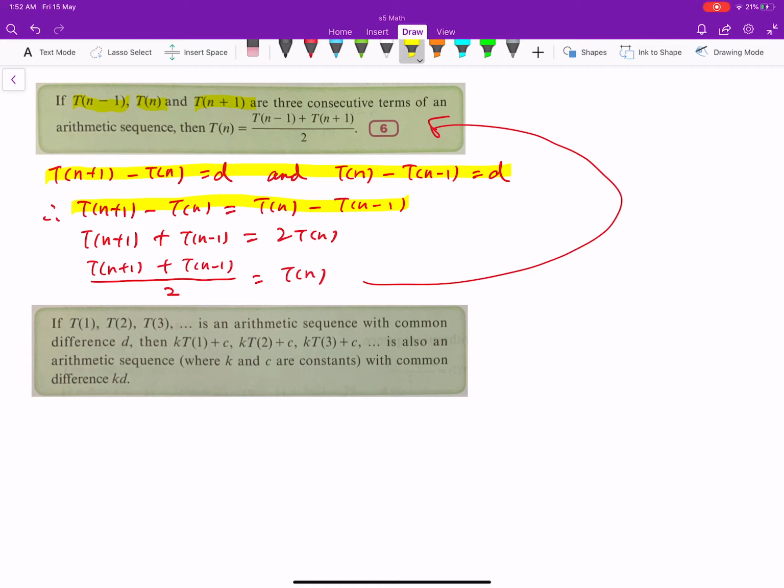So if now these 3 terms are an arithmetic sequence with common difference d, then this one is also an arithmetic sequence with common difference kd. Okay, let me show you.